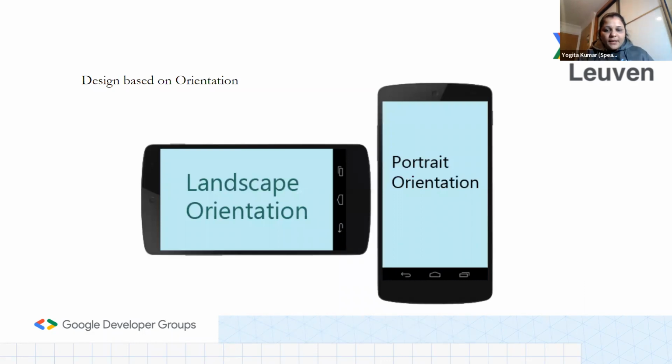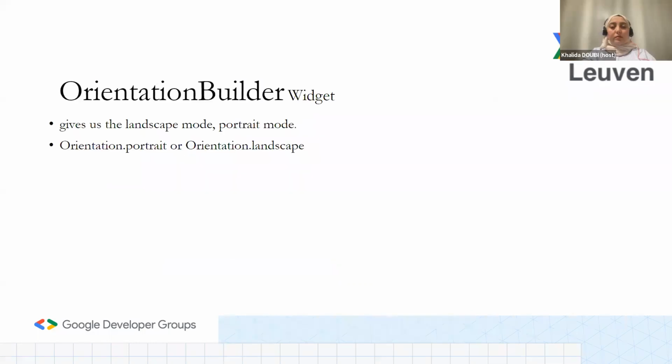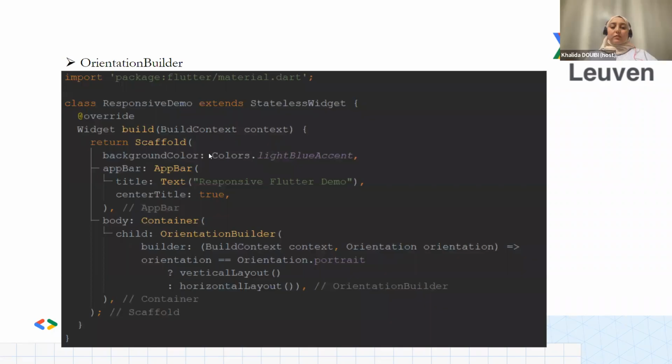Design based on orientation. Again, if you want to design your application based only on the orientation, there is another widget, the OrientationBuilder in Flutter, which only takes care of the orientation of your device, nothing else. The OrientationBuilder gives you landscape mode or portrait mode. Again, here orientation is an enum, which has only two values, portrait and landscape.